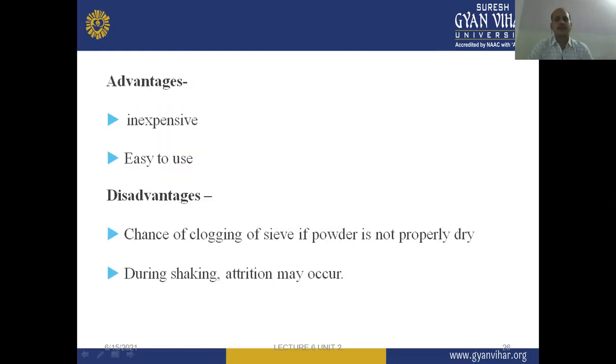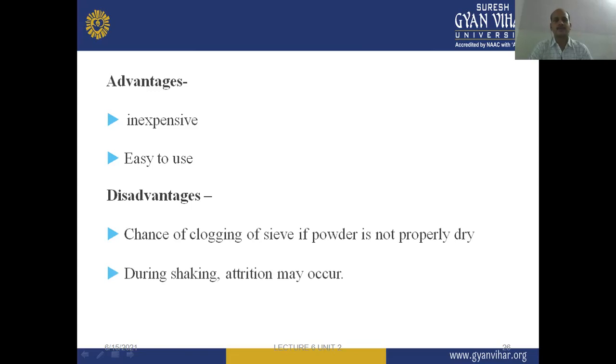Now, when we go through the advantages of the sieving method, as we discussed, this is the method by which we can determine the particle size distribution of solid powder samples. It is also defined as the weight distribution method. In optical microscopy, by counting the number of particles, we can determine the average particle size of a given sample.